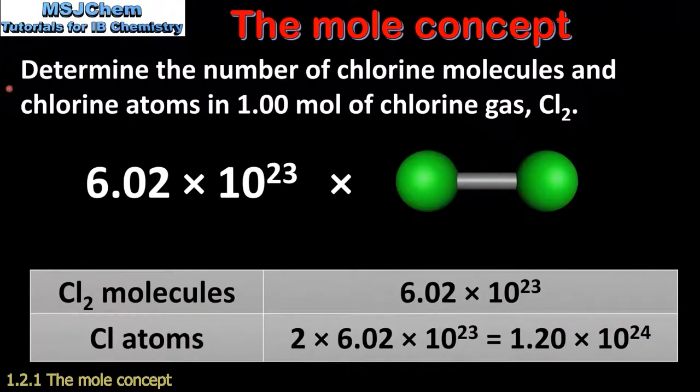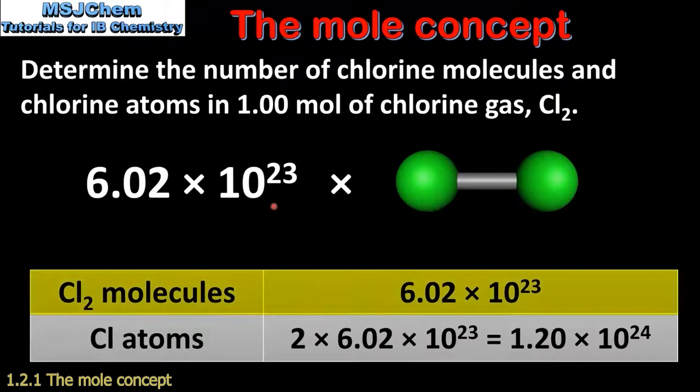In our first example, we'll determine the number of chlorine molecules and chlorine atoms in 1 mole of chlorine gas. Chlorine is a diatomic molecule with the formula Cl2. 1 molecule of chlorine gas consists of 2 chlorine atoms bonded together by a single covalent bond.